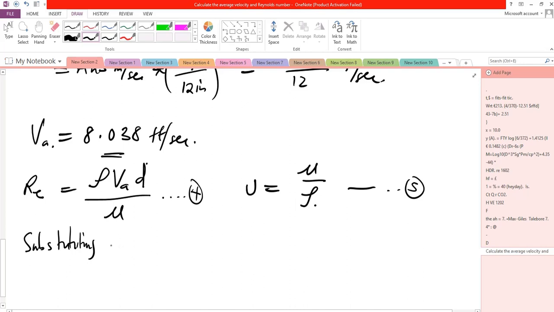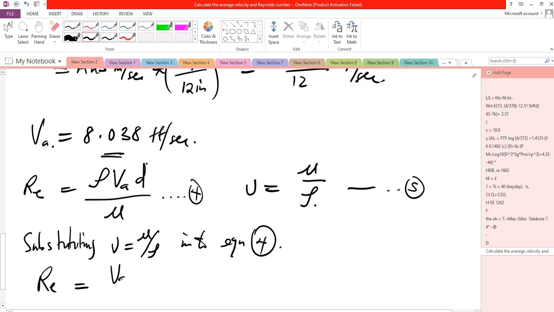Now, substituting kinematic viscosity equal to viscosity divided by density into equation 4, you now have Reynolds number equal to average velocity times d divided by kinematic viscosity.